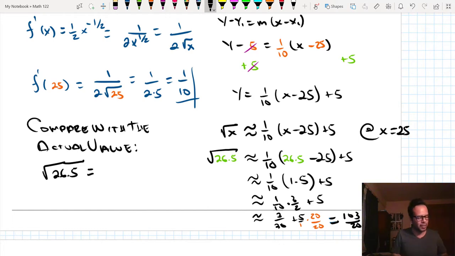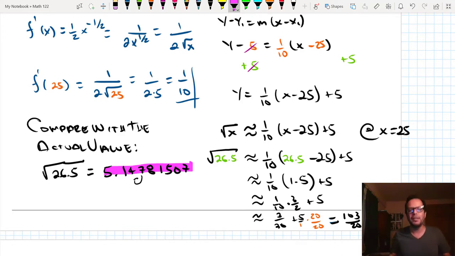Put it in the calculator to get 5.14781507. If you round this up to 5, well, I think in this case it's a good approximation, right? This is the actual, this is the approximate value. All right, so let's visualize this using graphs.